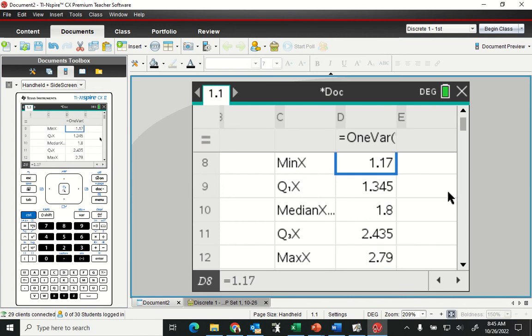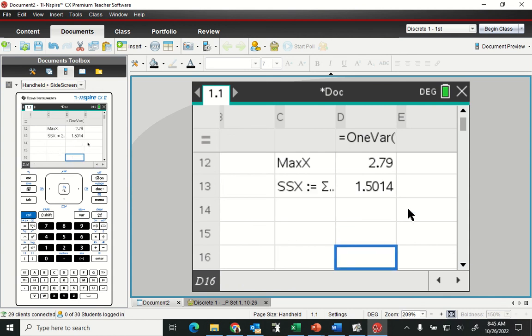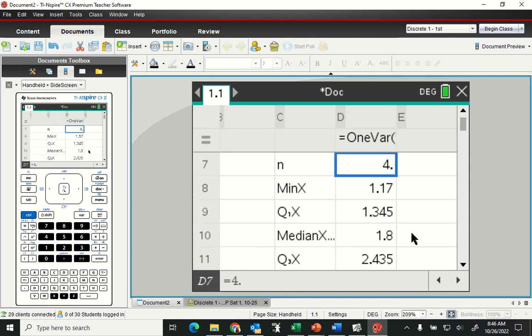My X-min, what did the X-min stand for? It's the what? Smallest number, very good. X-max, or max-X? Largest number. Median is my one in the middle number. Very good, so there's the middle number. And SSX, you don't have to worry about that. Gives you the formula too, if you need that, but we don't.